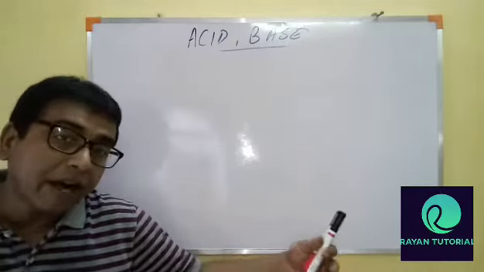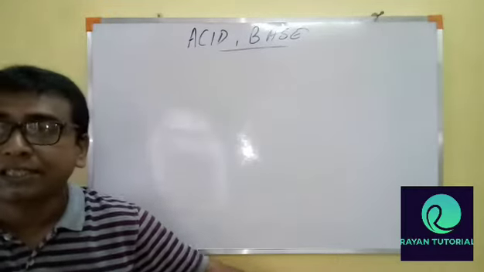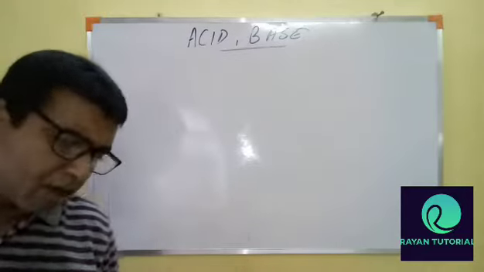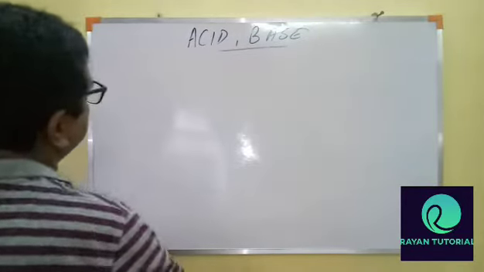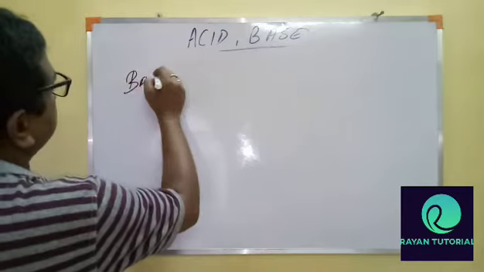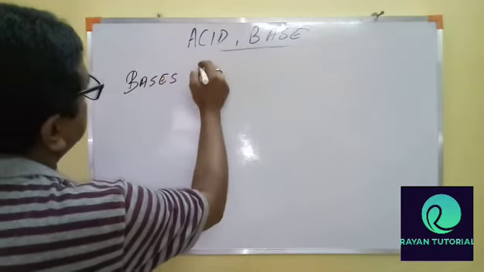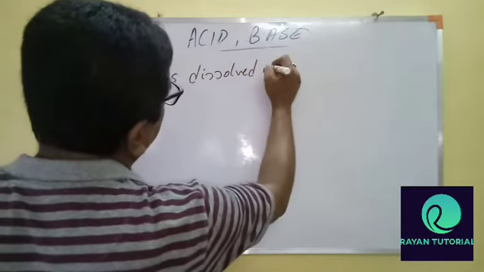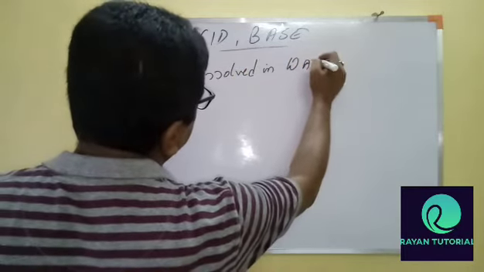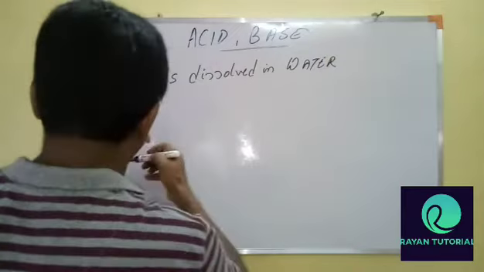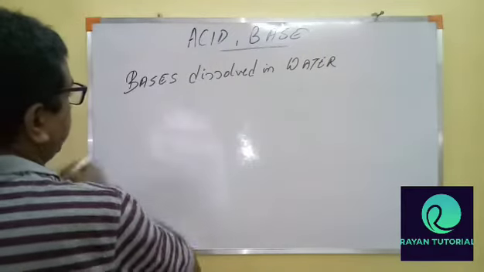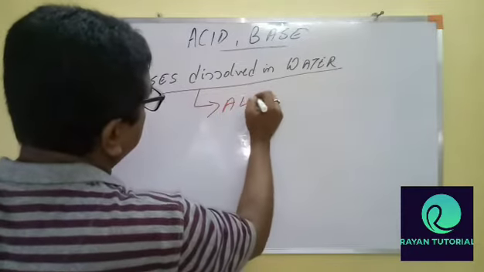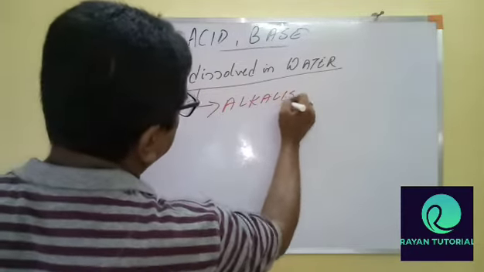The more the number of hydroxyl ions, the more will be the acidity of the base. The bases which can be dissolved in water are called alkalis.